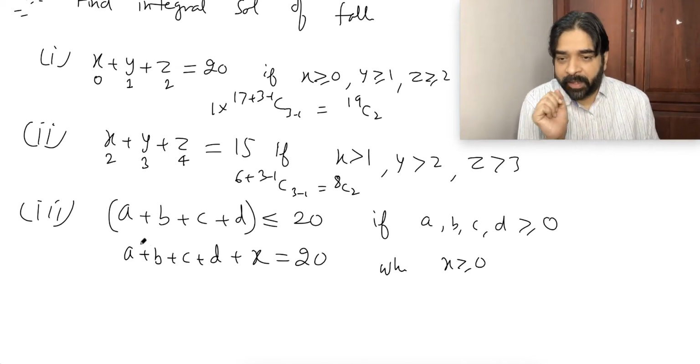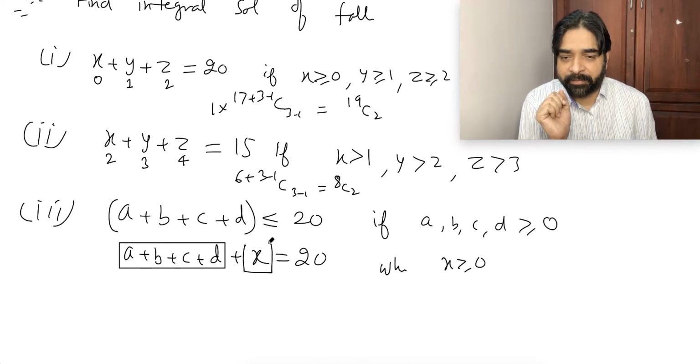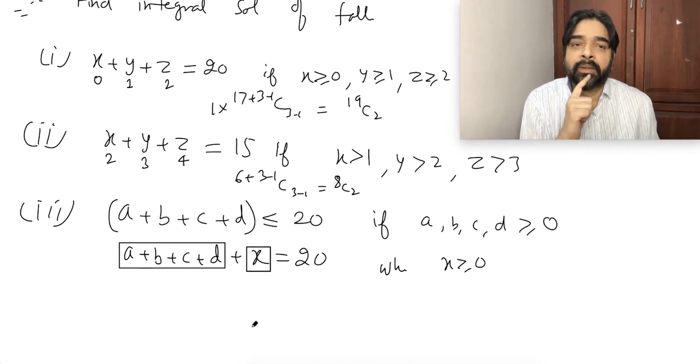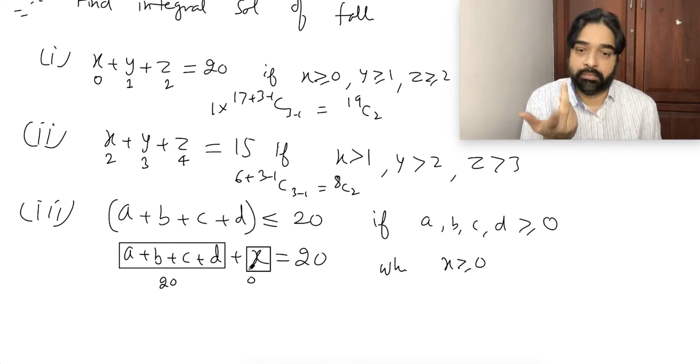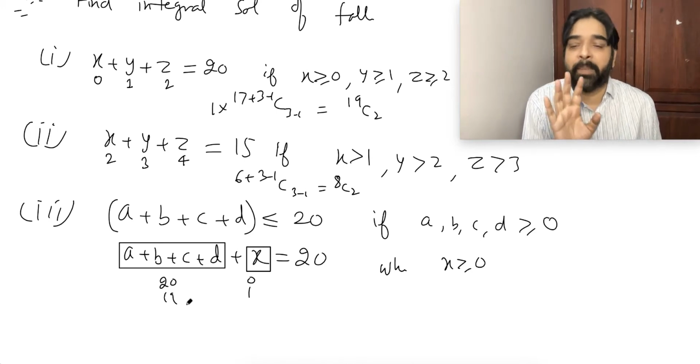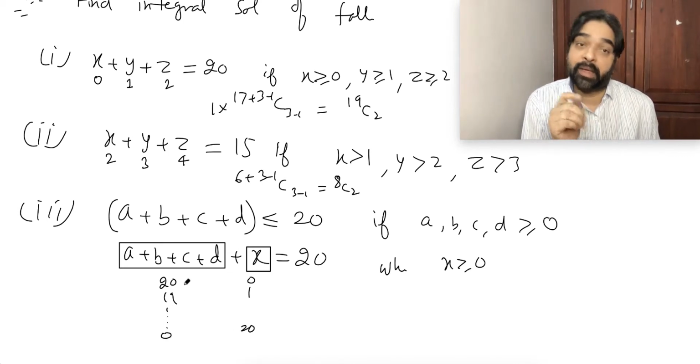There are 2 groups, one is this and the other is this. Sum of this should be 20. What is the chance? Here 20, here 0. This will satisfy this condition. Here 19, here 1. Yes, that is also correct, because this can be 19 also. My purpose is that this condition should be satisfied. It can go down to 0 and here 20. That is also correct.